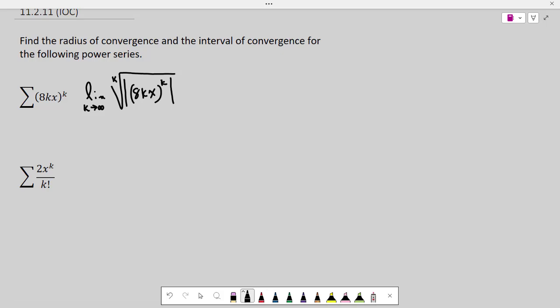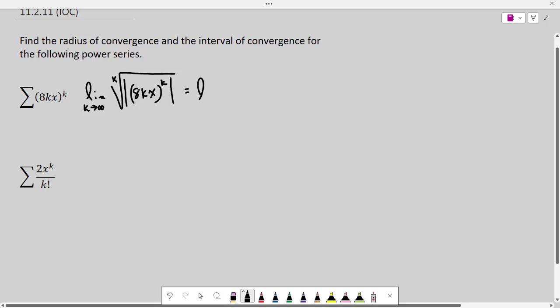X can be negative 5 million if you want. So then we get limit k^3 to the k. So it looks like we're going to end up with 8k. Right, those k's cancel. We still have the absolute value. But the absolute value doesn't need to go around 8 times k because that's always positive. k is a positive number.